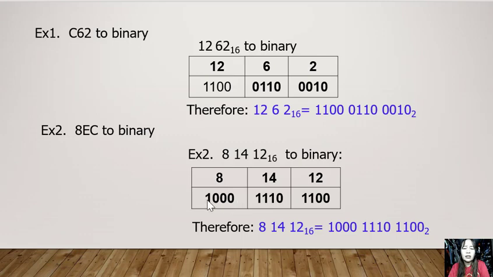So that's the representation of 8, as an on number. 14 is 8 plus 4 plus 2, alright, and then 12 is 8 plus 4. So you just copy them together from left to right, and then add a base of 2, and that is now your equivalent conversion from hexadecimal to binary.